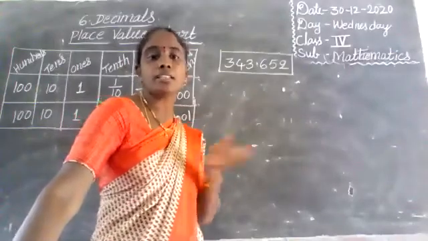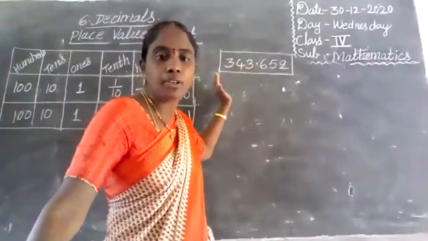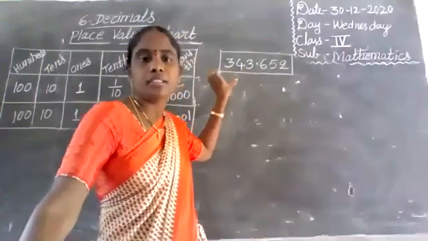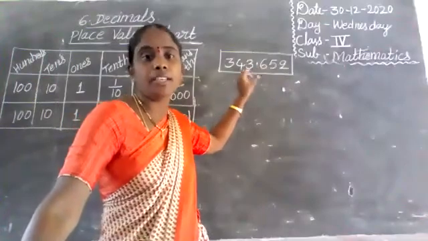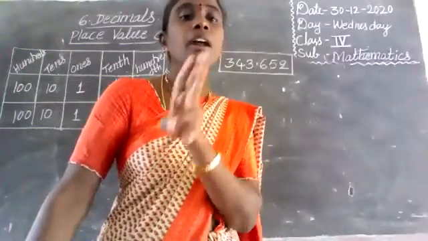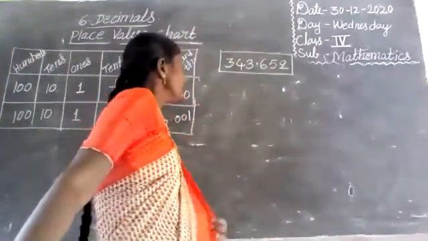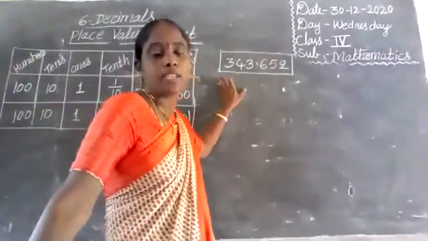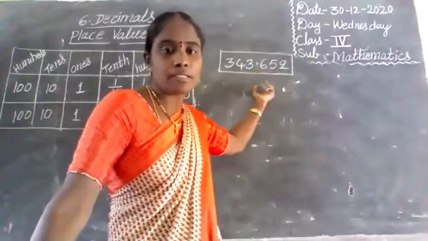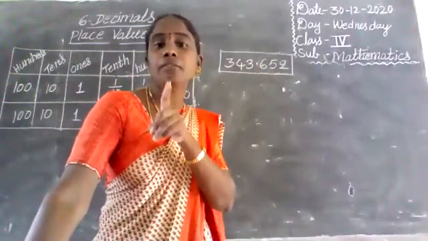Before the decimal point, 343 is a 3-digit number, a hundreds number. We can read it with hundreds. This is the whole number. After the decimal point, we have to read digit-wise. Don't read 652 as a number.